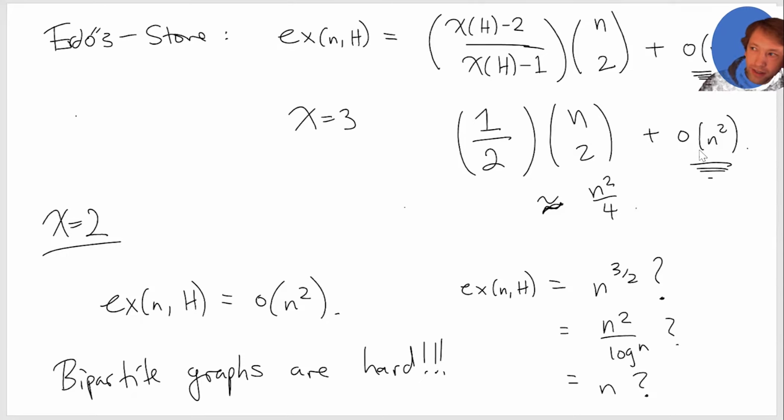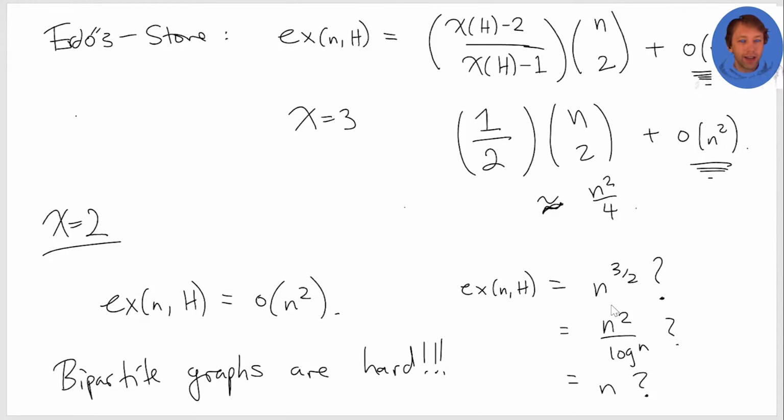What we're going to look at today and tomorrow, or Monday, is some specific examples of bipartite graphs and bounding these extremal numbers. Okay, so is it clear what's going on?